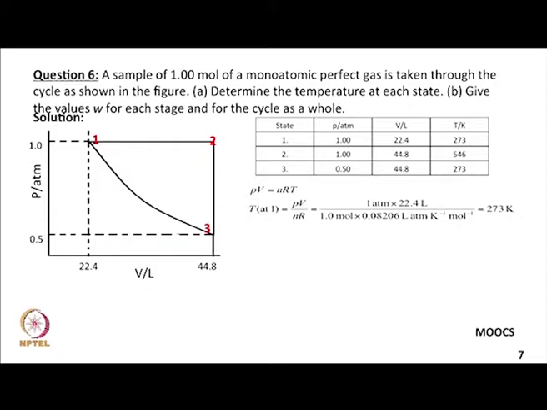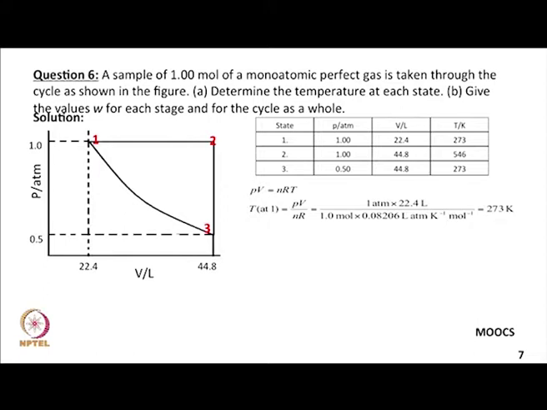And 1 to 3, please note in the figure, 1 to 3 is an isothermal expansion. Isothermal means temperature has to be the same. One can simply use this property. That means the temperature at stage 1 and stage 3 has to be the same, that is 273 Kelvin.